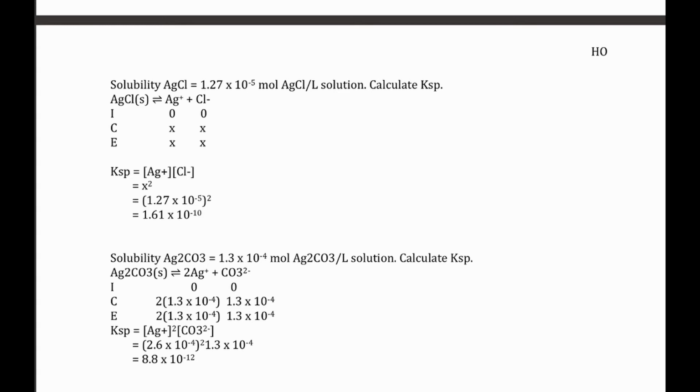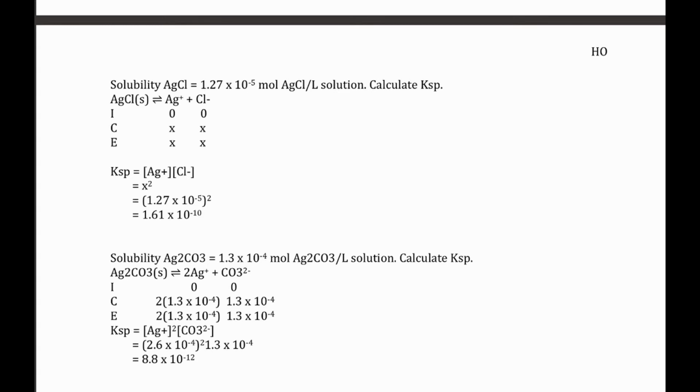Now, let's look at the solubility of the AgCl, which is smaller than the solubility of Ag2CO3. The Ag2CO3 solubility is about 10 times greater. And yet, the Ksp we calculate for the Ag2CO3 is quite a bit smaller, 2 orders of magnitude smaller than the Ksp for the silver chloride.